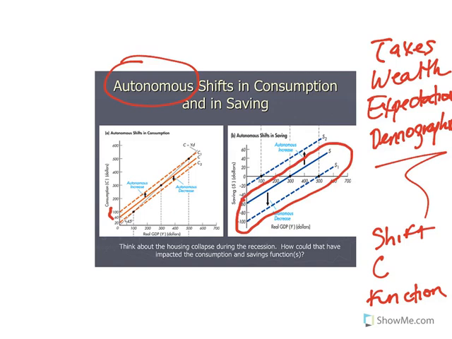If we're consuming more, the C moving from C to C1, that means autonomous saving has to be declining. So that's why we see our savings function shifting from S to S1. So again, anytime you have an increased autonomous consumption, that means you have a decrease in autonomous saving, and vice versa.